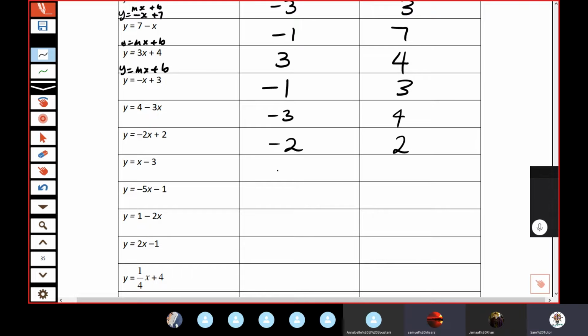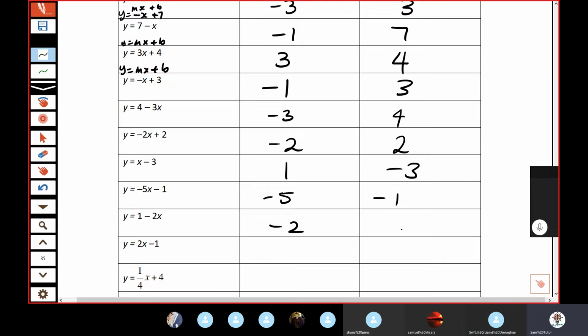Good job. Shane. The gradient is 1, and the y-intercept is -3. Too good. And last one, Liam. -5 and -1.